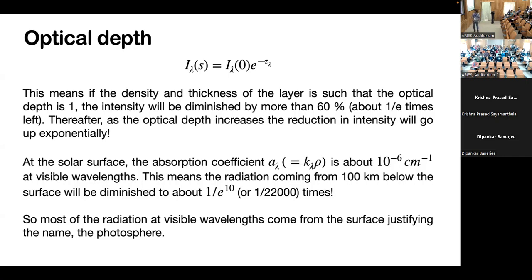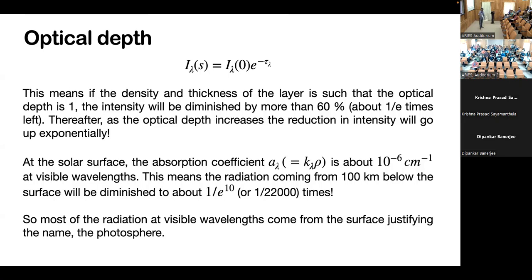At the solar surface, this K lambda cannot be observed, of course, but taking into account the composition, you can theoretically calculate the density and get the value of K lambda from theory.